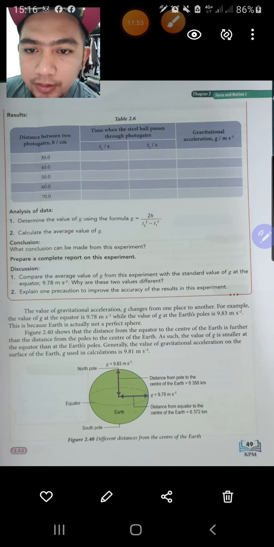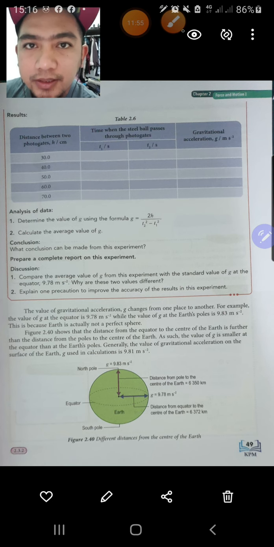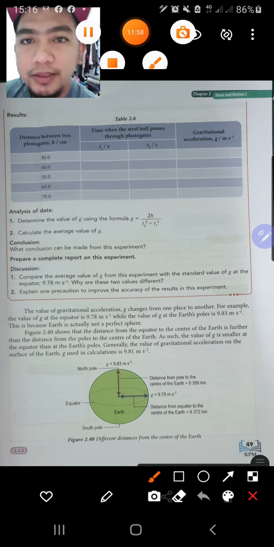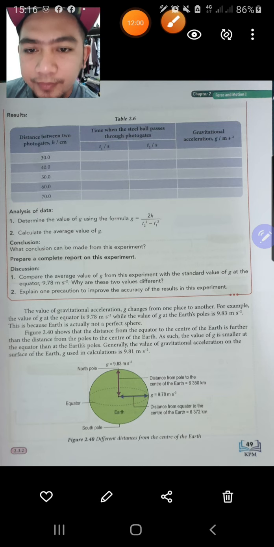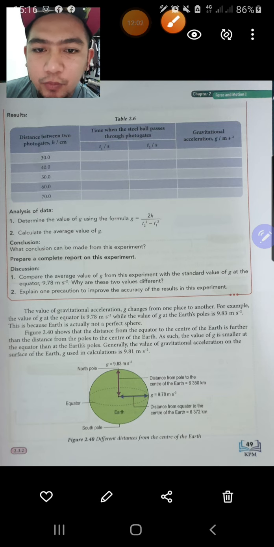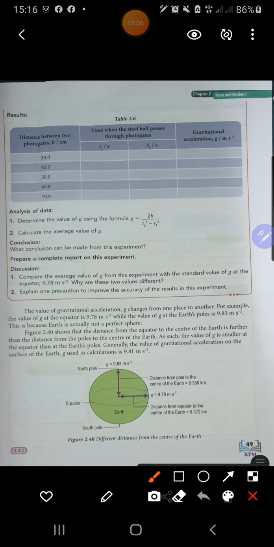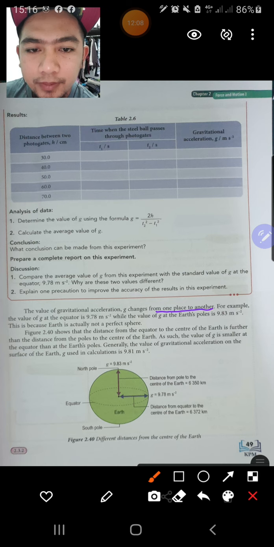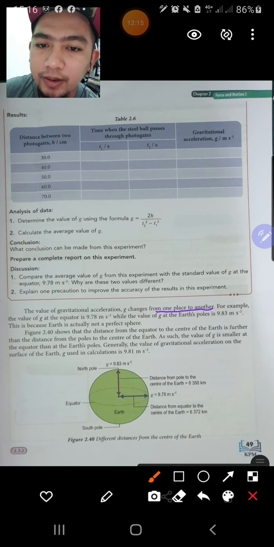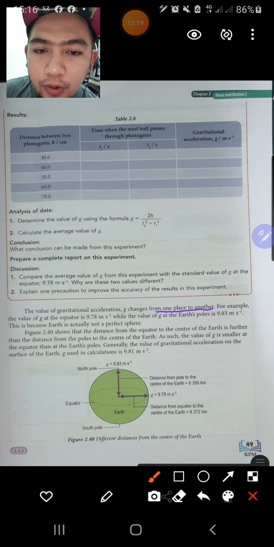The value of gravitational acceleration g, we call it as g, not a, change from one place to another. For example, the value of g at the equator is 9.78 meter per second square, while the value of g at the earth poles is 9.83 meter per second square.